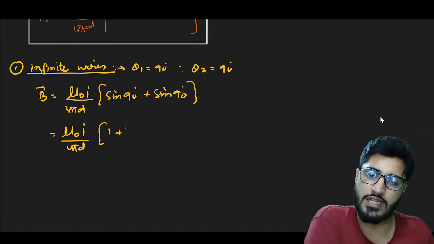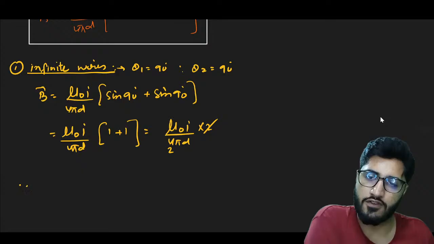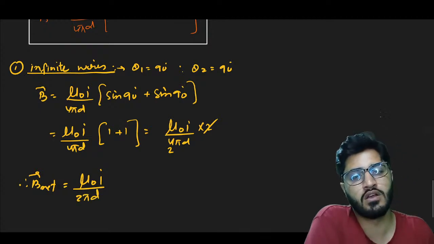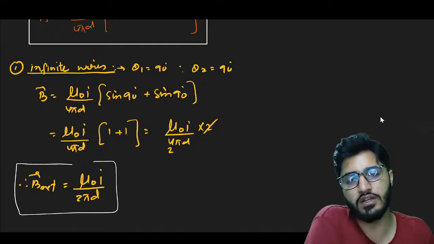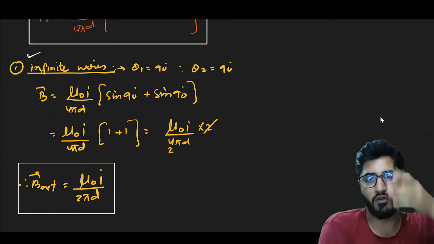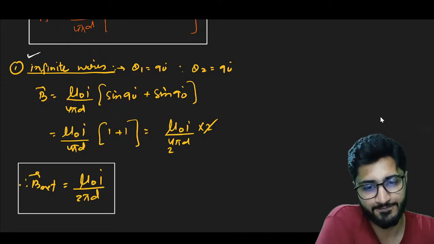Sine 90 is 1, sine 90 is 1. I can write mu naught I by 4 pi d into 2. So therefore B net came out to be mu naught I by 2 pi d. So this expression is for what? If the length of my wire is infinite, for that, B net is mu naught I by 2 pi d.